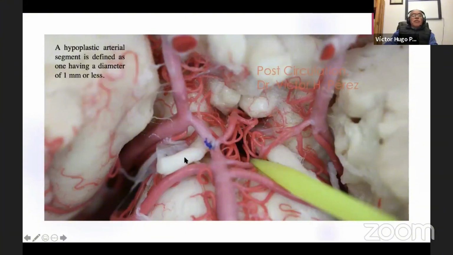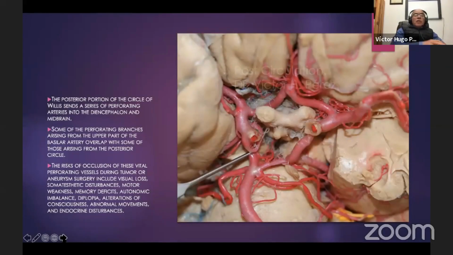A hypoplastic arterial segment is defined as one having a diameter of 1 millimeter or less, like in this view. This is hypoplastic, less than 1 millimeter of diameter. The posterior portion of the circle of Willis sends a series of perforating arteries into the diencephalon and midbrain. Some of the perforating branches arising from the upper part of the basilar artery overlap with some of those arising from the posterior circle.